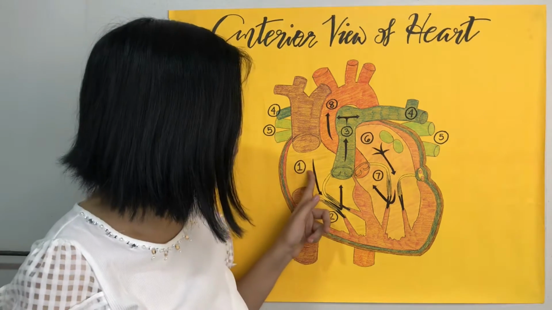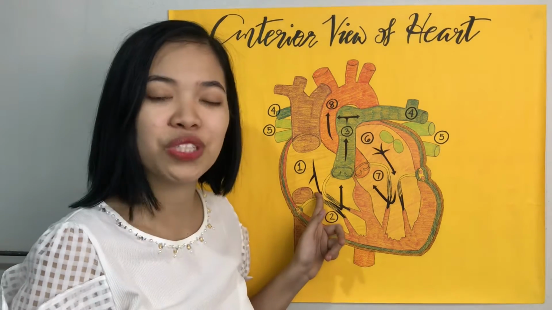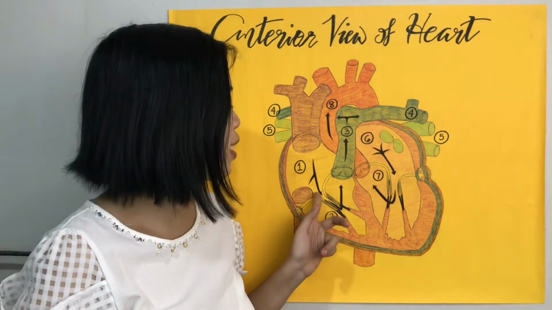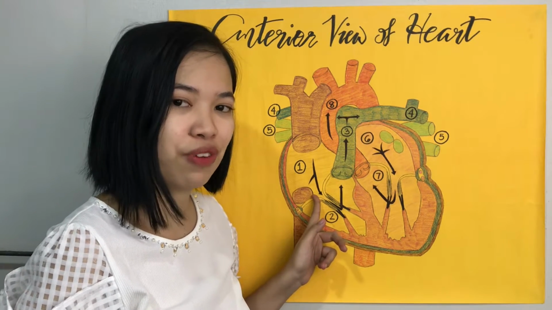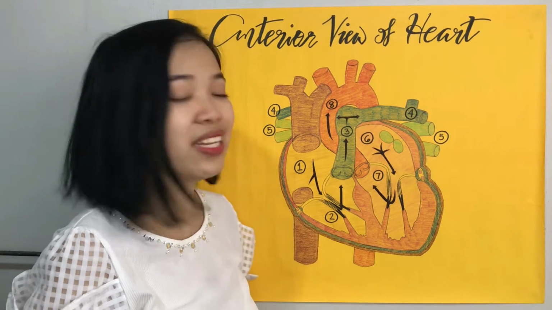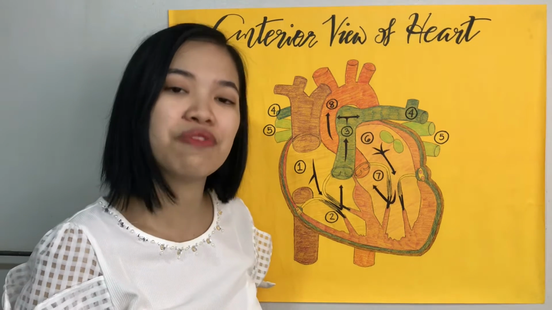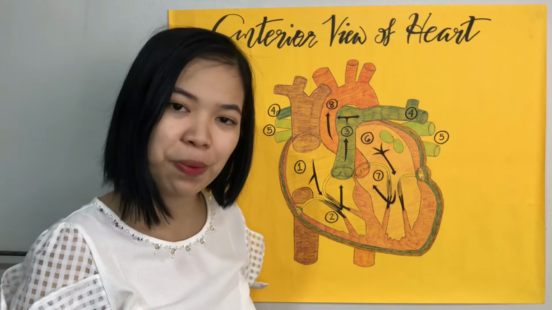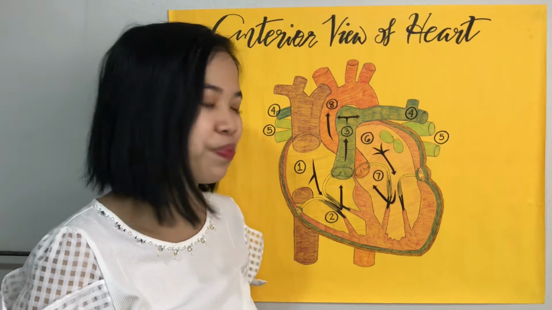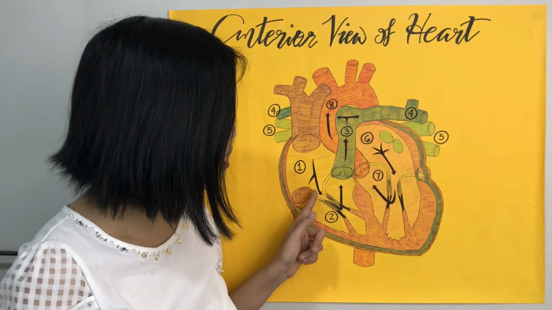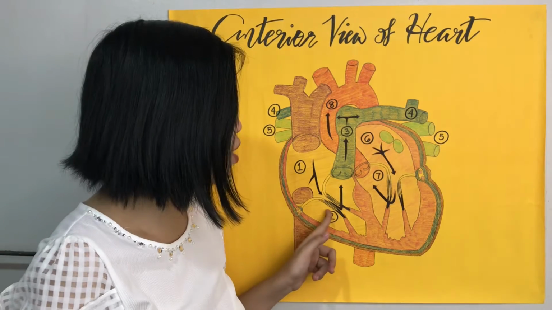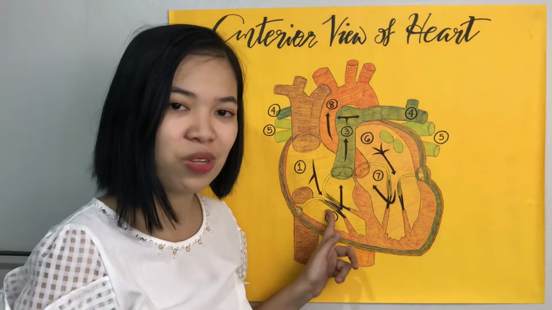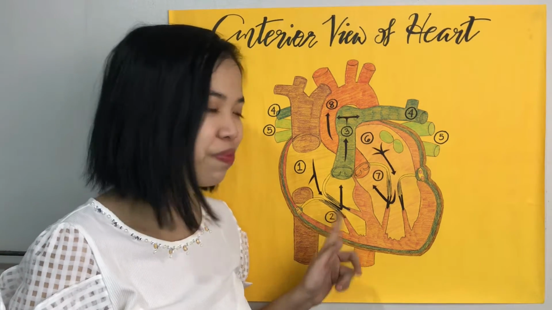The blood passes through an atrioventricular valve, specifically the tricuspid valve. An atrioventricular valve is a valve between an atrium and a ventricle. After passing through the tricuspid valve, the blood arrives in its second location, the right ventricle.